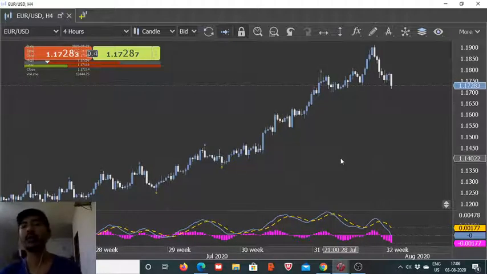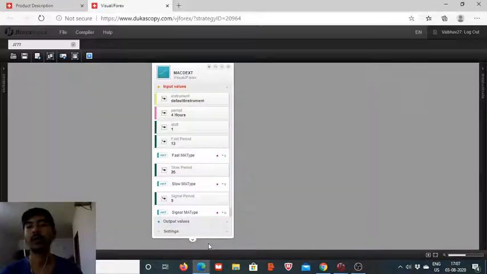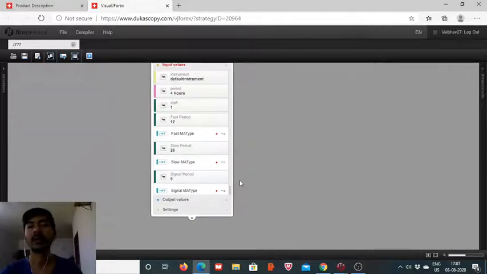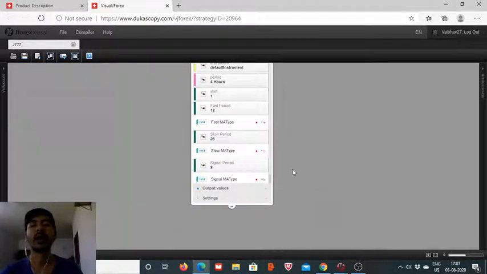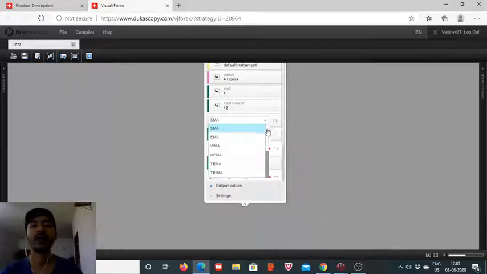So that's how this indicator works, and if you were to ask for my personal opinion, I do feel that this indicator is better. Not way better, it depends on the context, but it is still better as we are getting this controllable MA type. Let us try to define one here.